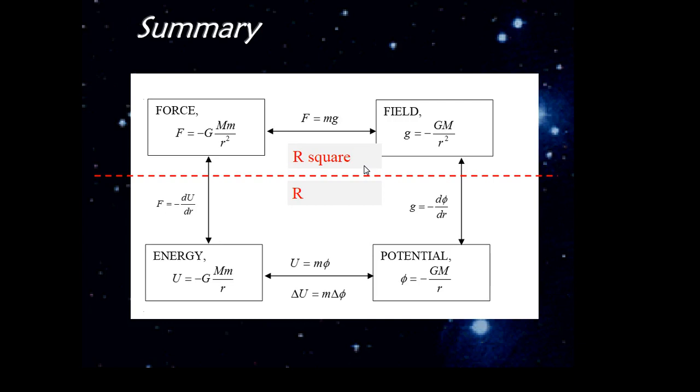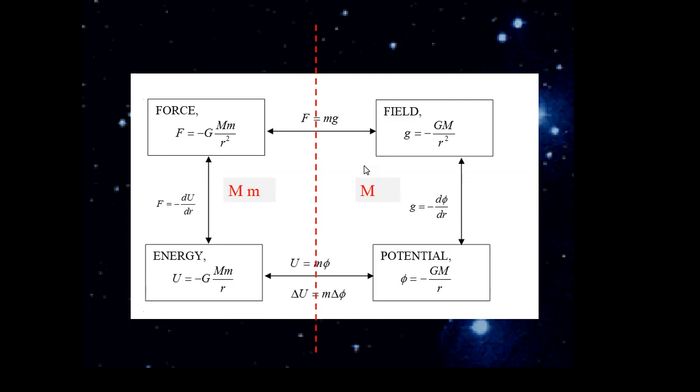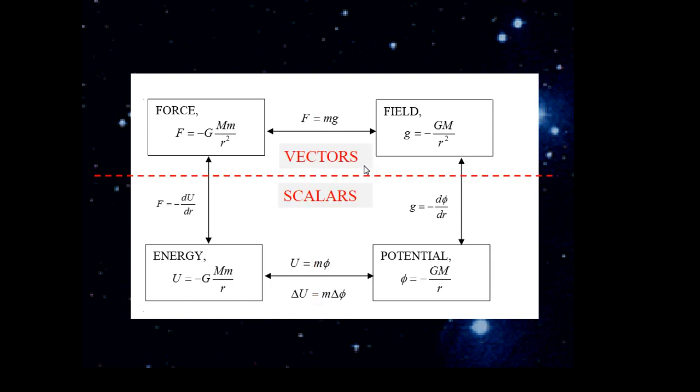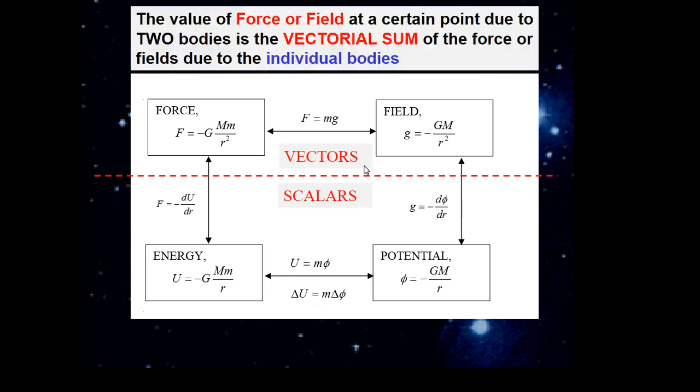Next, everything to the left is 2 m's. Everything to the right is 1 m. Don't go, still got a lot. Okay? M and M, the other side is M. That is vector, this is scalar. That's it.